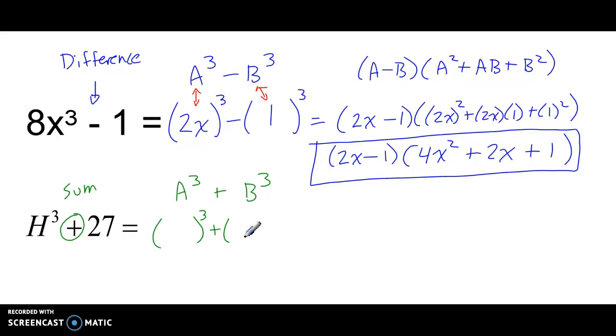So we need to turn this into something cubed plus something cubed. So in this case, it's h cubed. That part's easy. And the 27, that's 3 times 3 times 3. That's 3 cubed. The formula here is a plus b times a squared minus ab plus b squared.